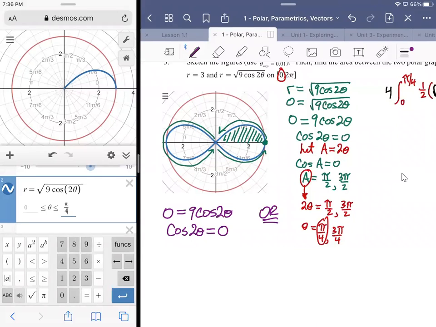One of them is cosine squared minus sine squared. That's not the best one to use here. You can use 2 cosine squared minus 1, or 1 minus 2 sine squared. I'm going to choose 2 cosine squared theta minus 1 as my substitution. That's a double angle rule.